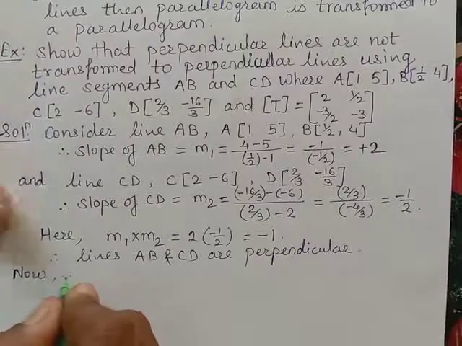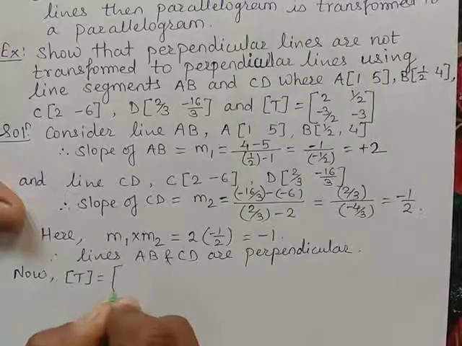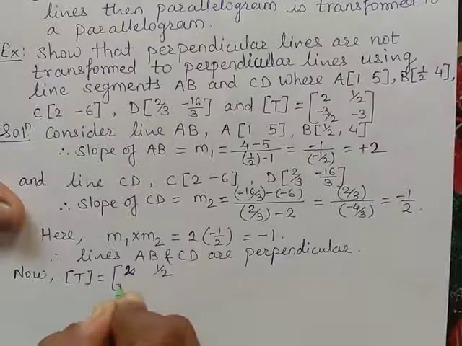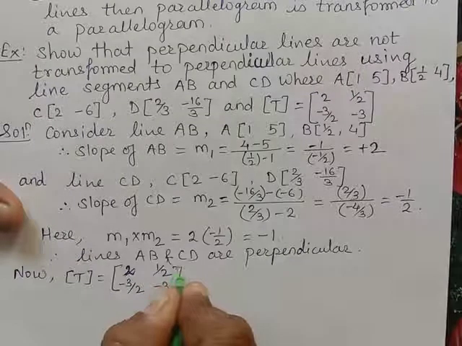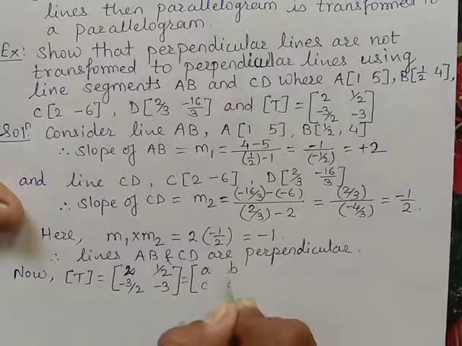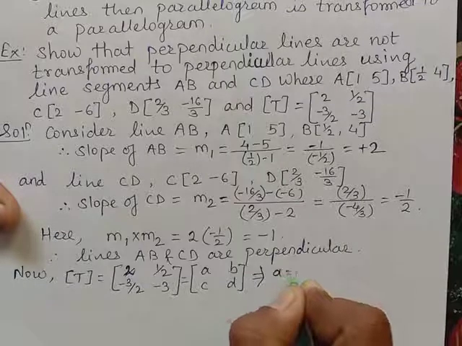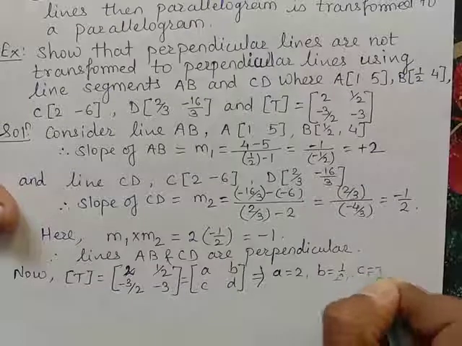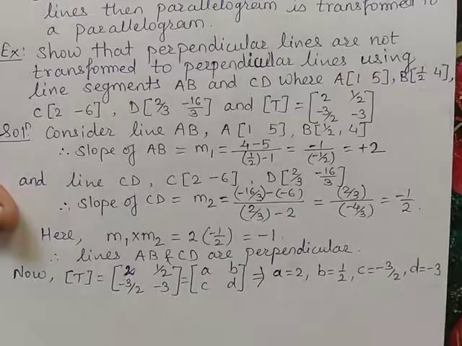Now, T with us, T is what? This 2, 1/2, minus 3/2 and minus 3, right? So compare with ABCD, gives A is 2, B is half, C is minus 3/2 and D is -3. Okay.